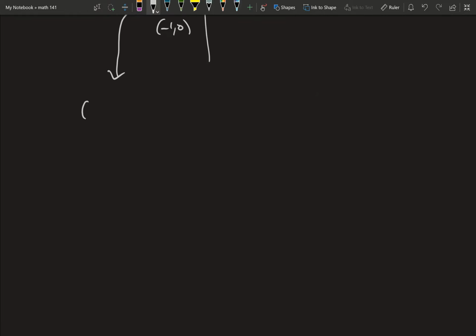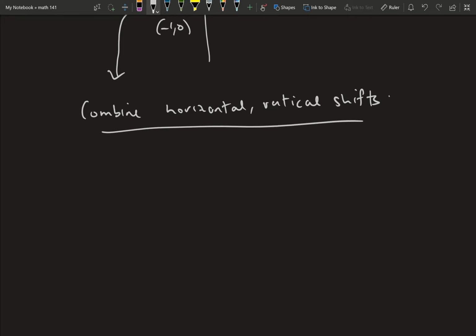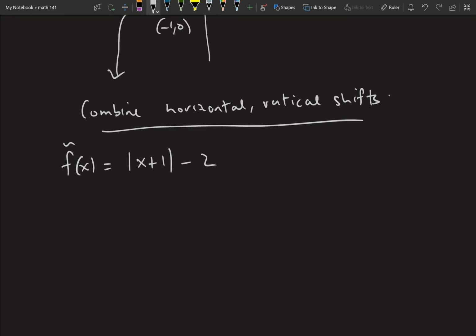What I wanted to do is do a couple of examples where we combine horizontal and vertical shifts. And we'll do this using the absolute value function. So let's take, say, the absolute value of x plus 1 minus 2. Or let's call this f tilde. Notice here our base function f of x is just the absolute value of x.